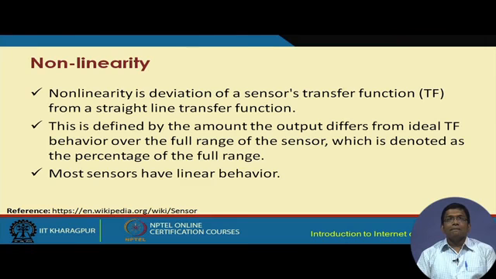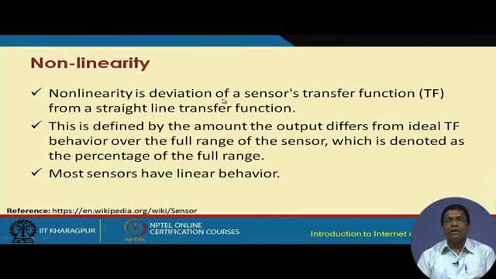Now, these sensors typically have linear behavior. Most of these sensors, not all, have a linear behavior. But there is often in practice a non-linearity exhibited by these sensors, and ideally they should behave linearly, but in practice they often behave non-linearly.